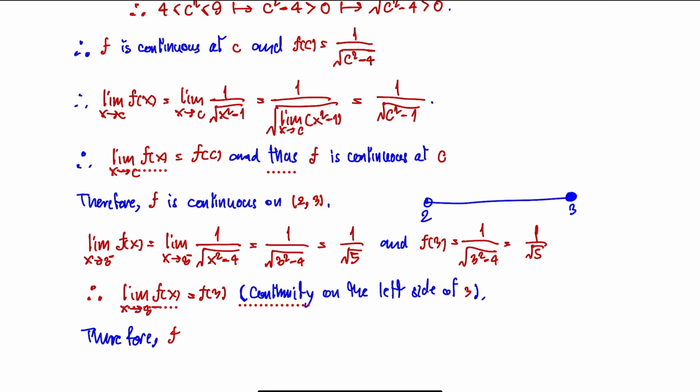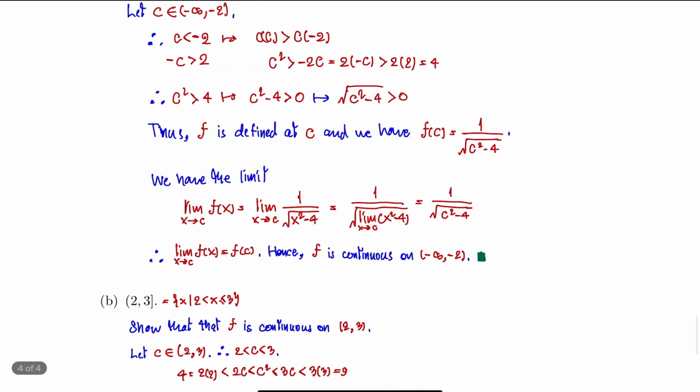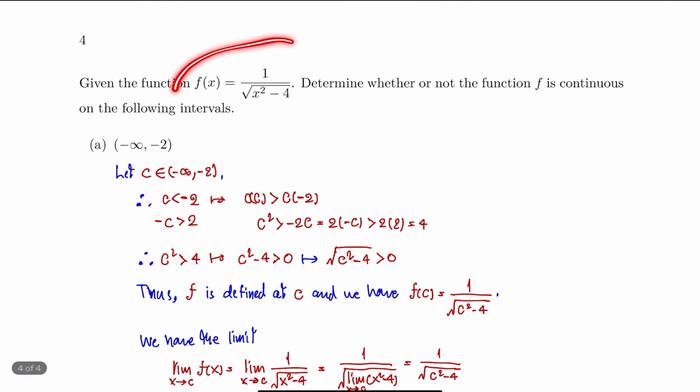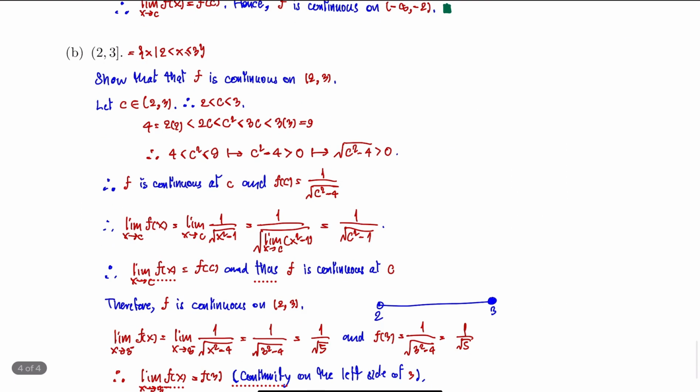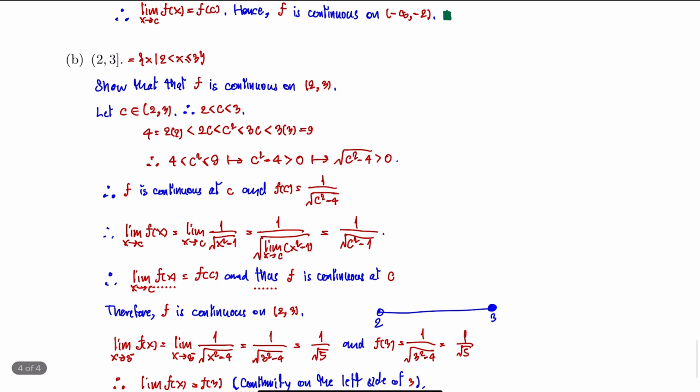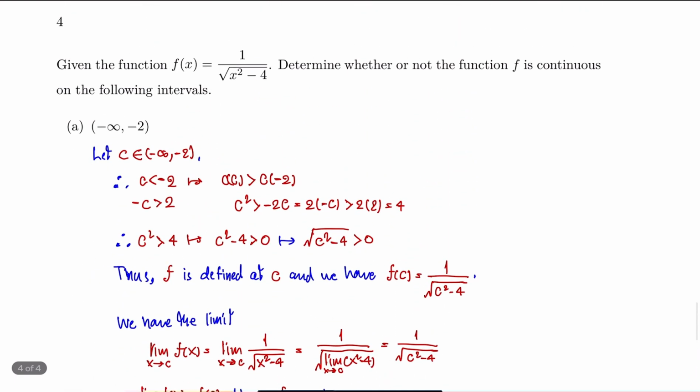So this means that f is continuous on this interval from 2 to 3. Okay, that's it. So we have shown that this function f is continuous on this interval and this interval. Okay, and that's it for this video.